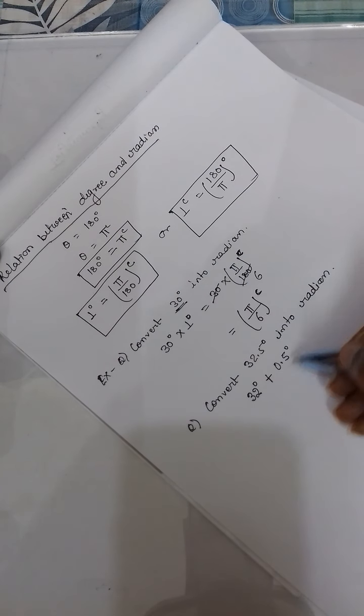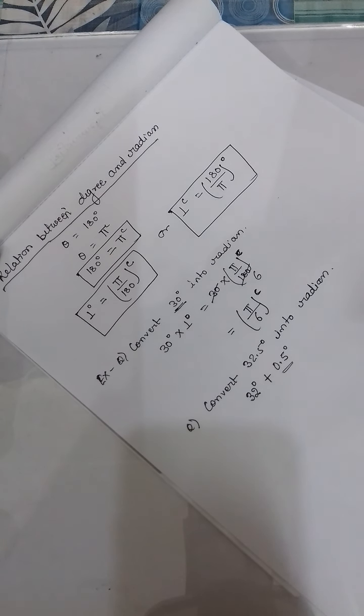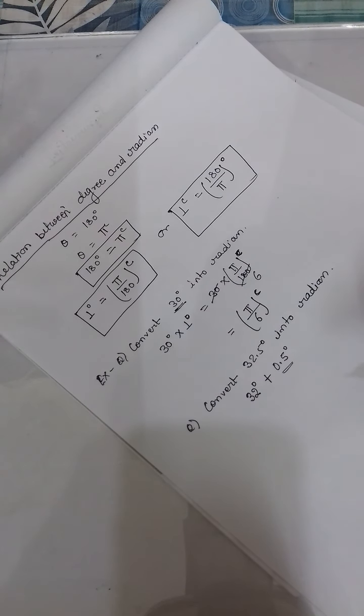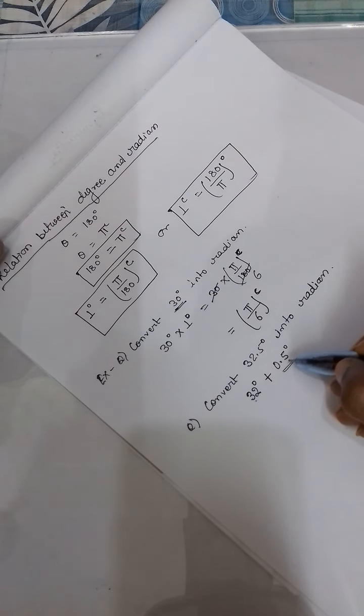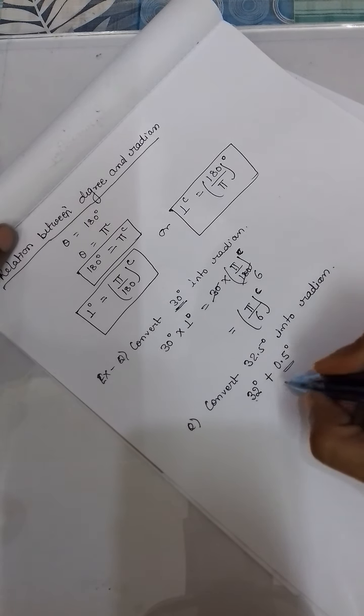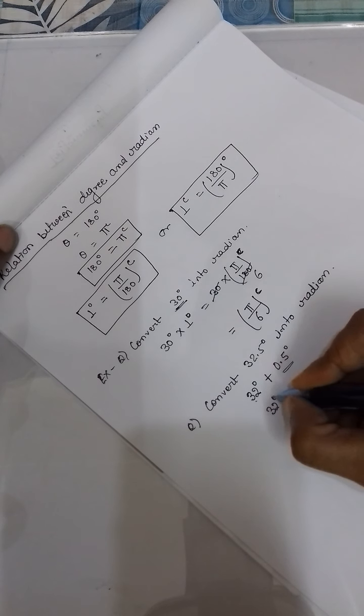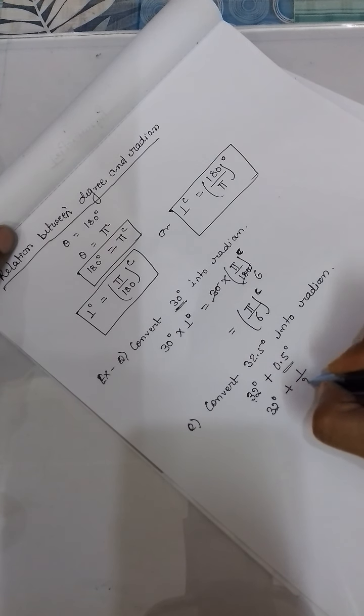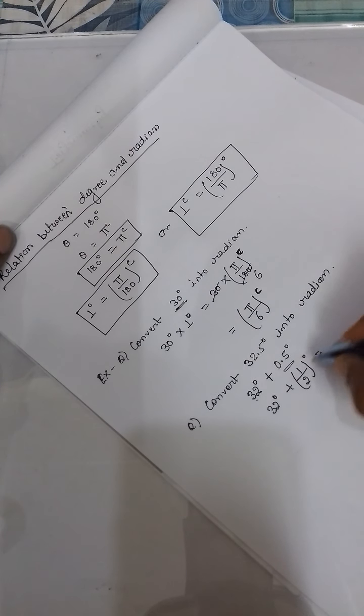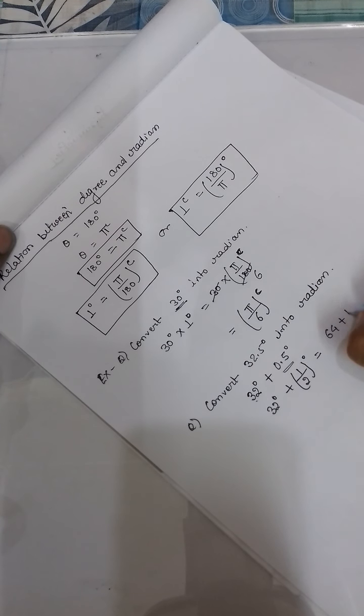Now we convert this degree into minute or seconds or any other things. So first we convert this one. It becomes 32 degree plus 1 by 2 degree, or taking an LCM, 2 times 32 is 64 plus 1 by 2. Now 65 by 2 degree.